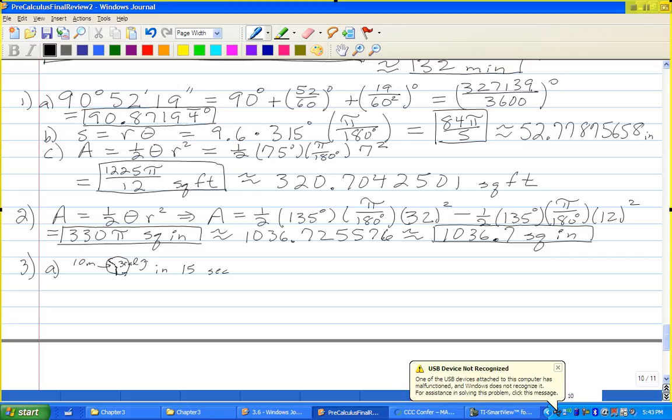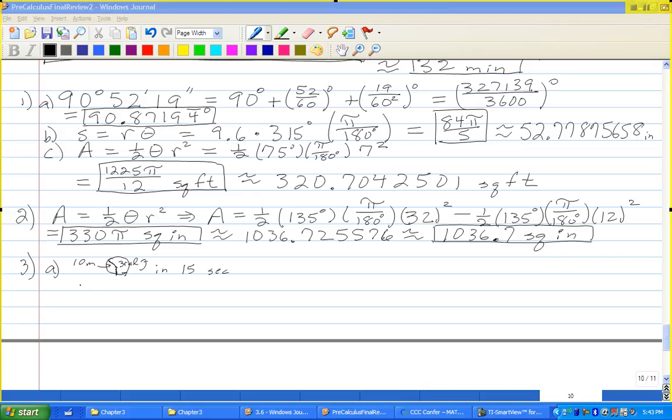Well, speed is equal to distance over time. And the distance here is how far you've traveled. I'll call it S, because that's the distance that you've traveled, which we know is r theta.